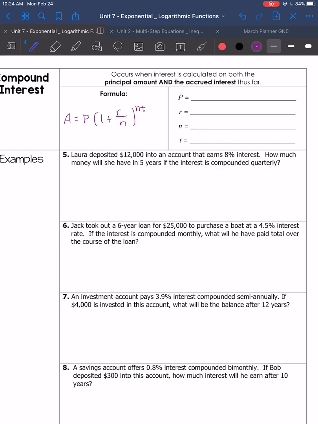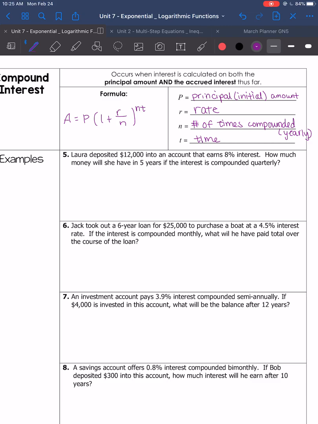P is your principal, or your initial amount. R is your rate. N is the number of times compounded yearly or annually, and then t is your time.